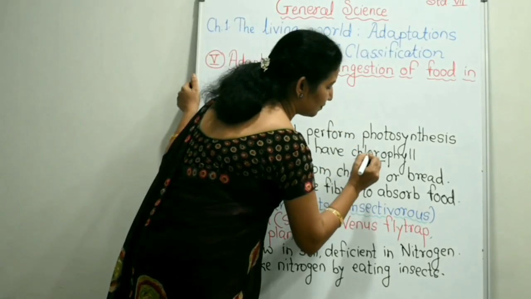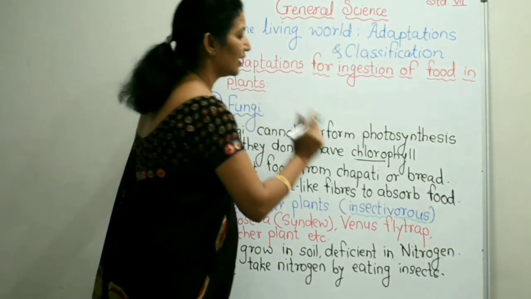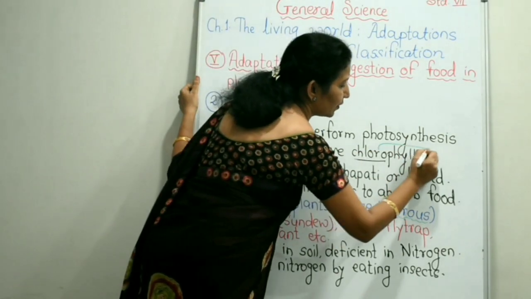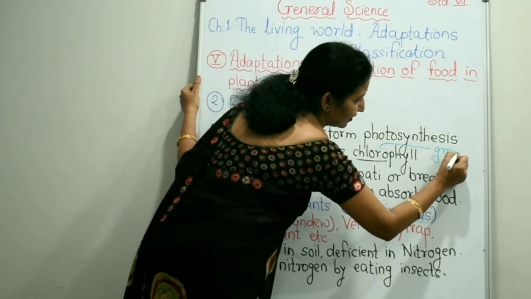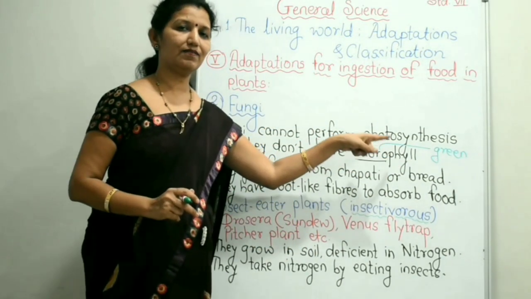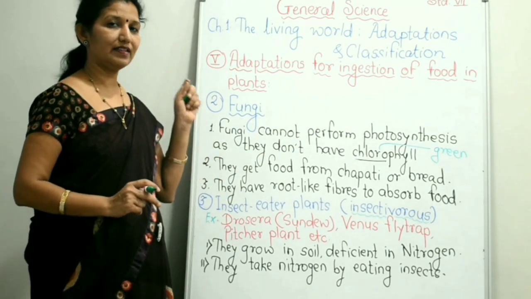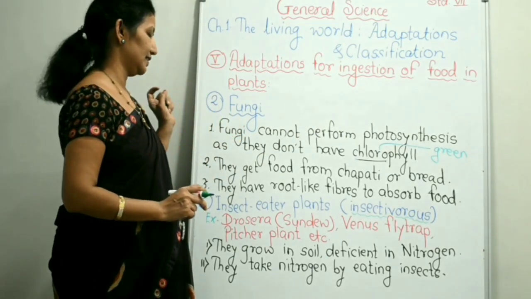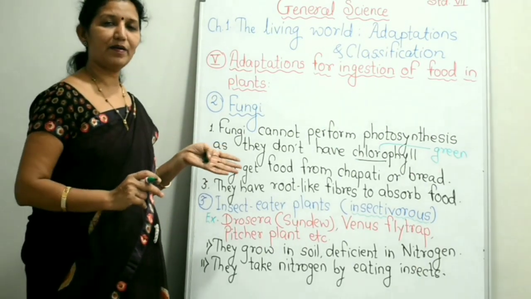We have seen that prefixes play a very important role in science. In this, chloro is the prefix, which means green. That's why chlorophyll is the pigment that is green in color, and it is very important in the process of photosynthesis. Now, they get food from chapati or bread.